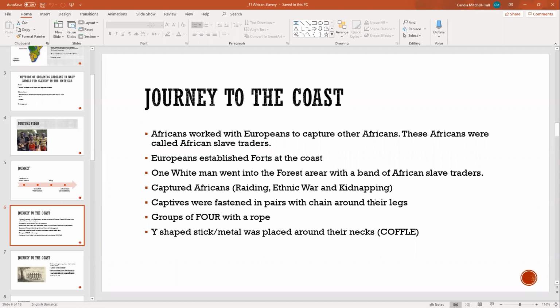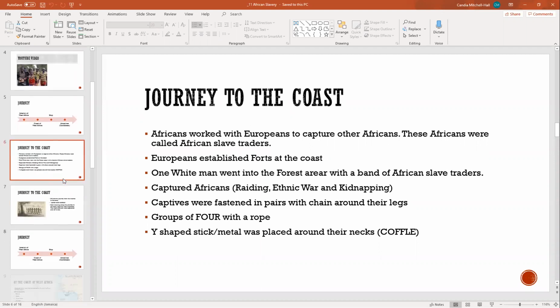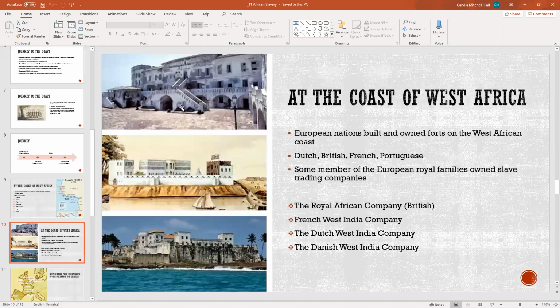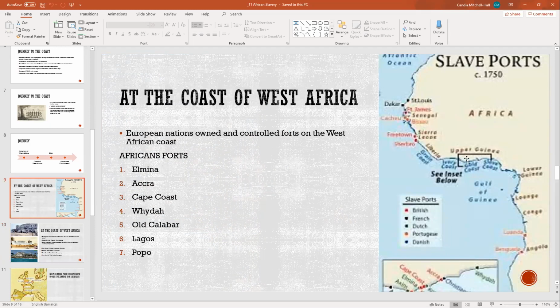Europeans would have established forts along the coast. So along the coast of Africa, you had quite a lot of forts, and I'm going to show you, they would have built these nice elaborate buildings. These are forts that Europeans would have built along the coast, because this is where our people came from.